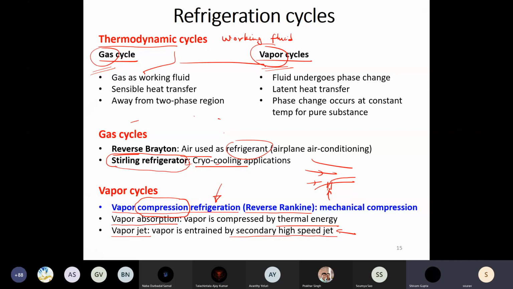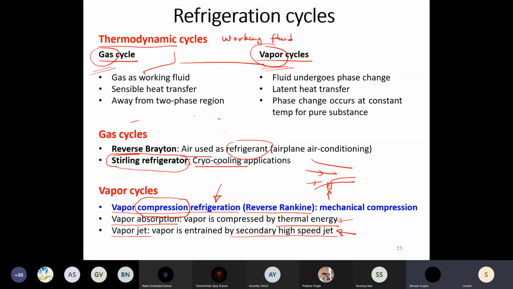These systems are used where you have a primary jet available, mainly in power plants where we have some bleed gas available and we want to produce some refrigeration with that available high speed steam. Then we may go for a vapor jet, or industries where a lot of heat is available, let's say at 70 to 80 degrees C, which we would have rejected to the ambient.